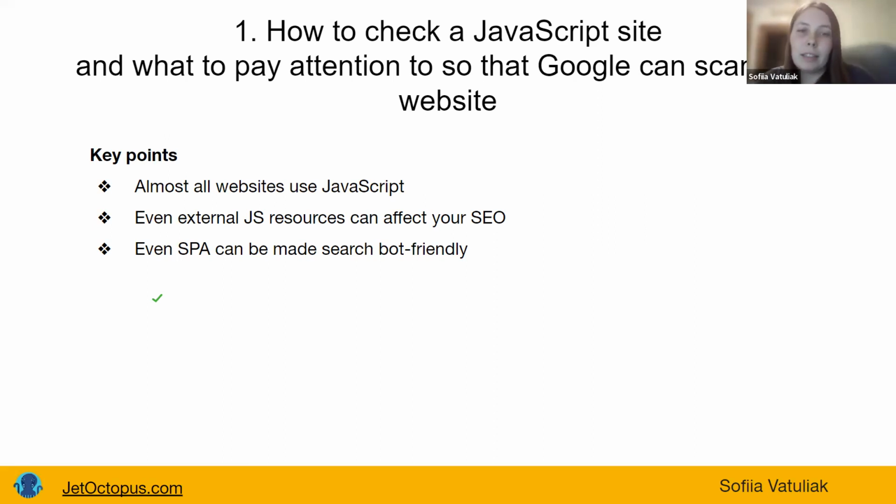And even these external JavaScript resources can impact your SEO result, and of course can impact your page speed, performance, Core Web Vitals, rendering, and rendering budget as a result, and of course user performance. And as you know, it is a very common issue that some external resources may block the load of the main content of your website.